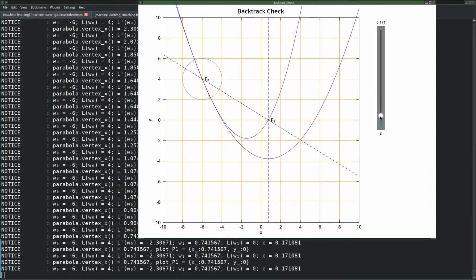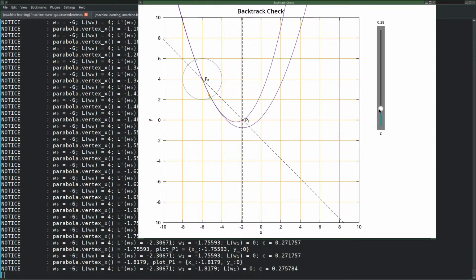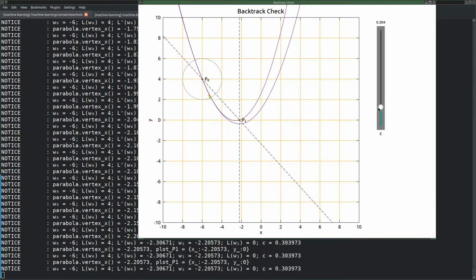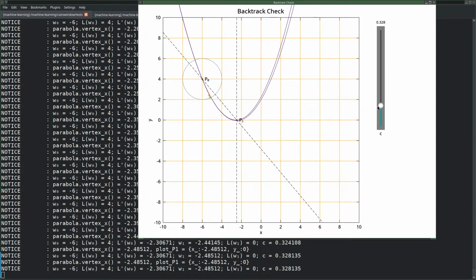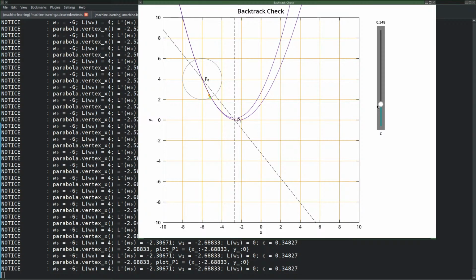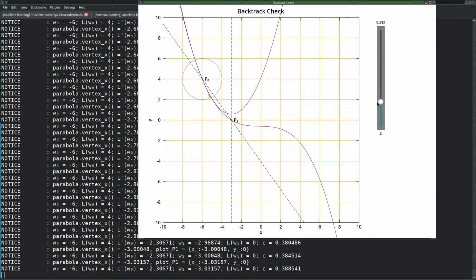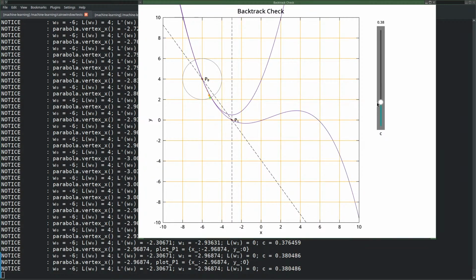But if I increase C, then at some point the minimum is in P1 itself, but that happens at the moment that it is in the exact parabola. And then if you go higher, then the minimum is, as long as there is a minimum, it's beyond P1.